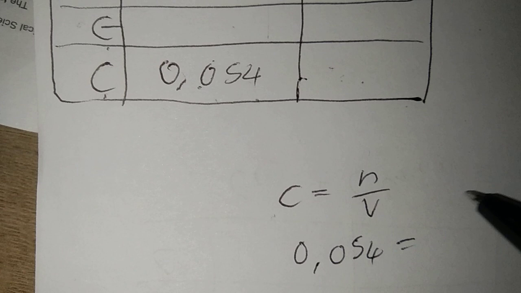Let's say C equals n over V. They gave us C, so we multiply to get our number of mole and use it over here. When they say concentration, you don't put concentration here. You have to calculate the number of mole.